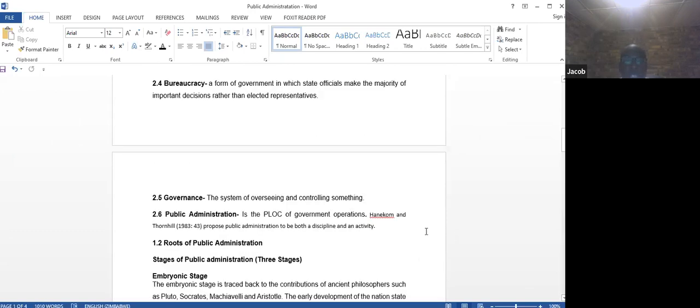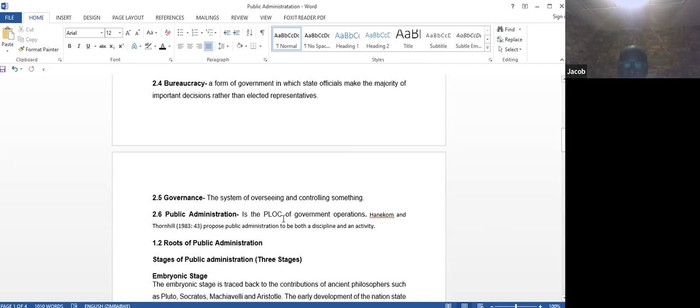Then governance is also the system of overseeing and controlling something. But in this case, governance is a government controlling the resources so that they benefit the public. Then I also talked about public administration being the PLOC of government. PLOC is an acronym for planning, leading, organizing, and controlling.